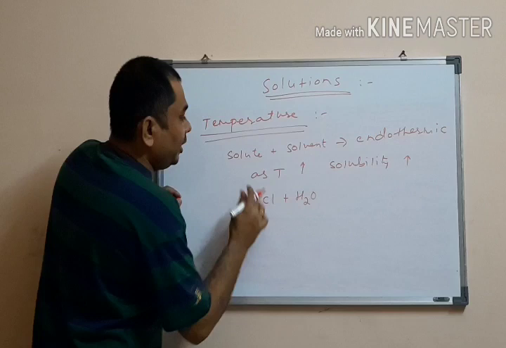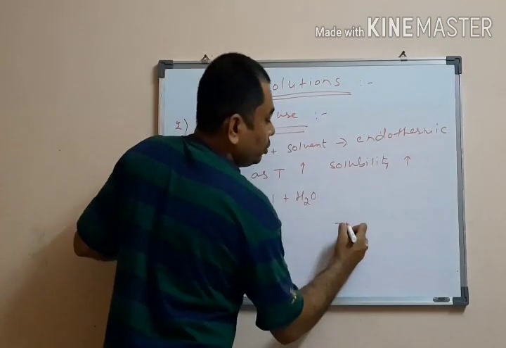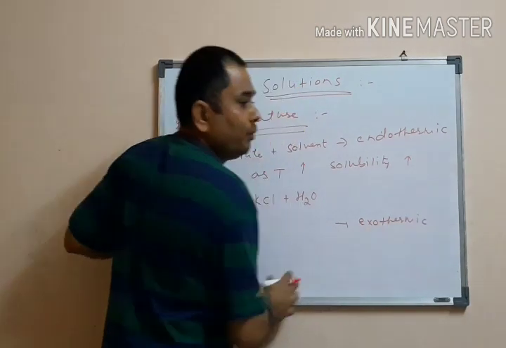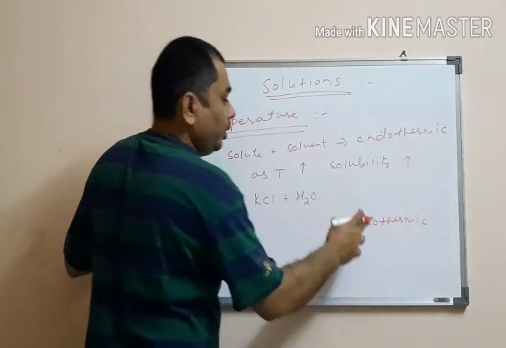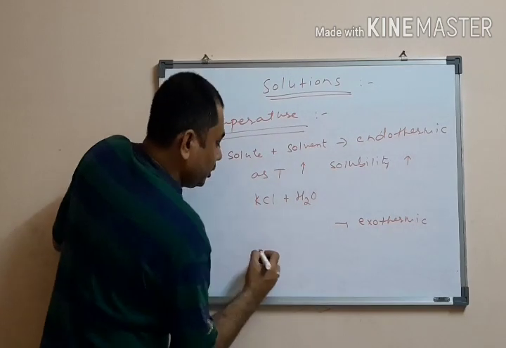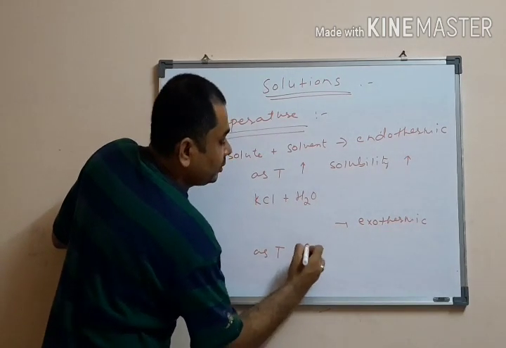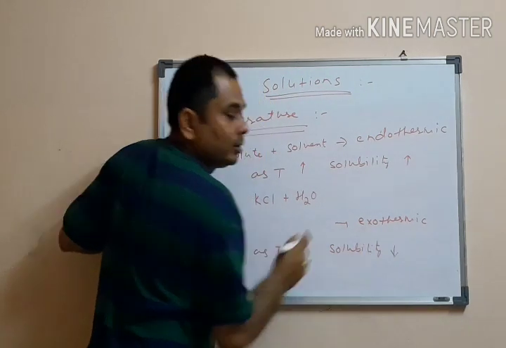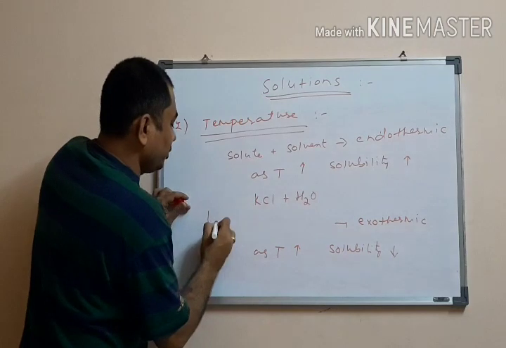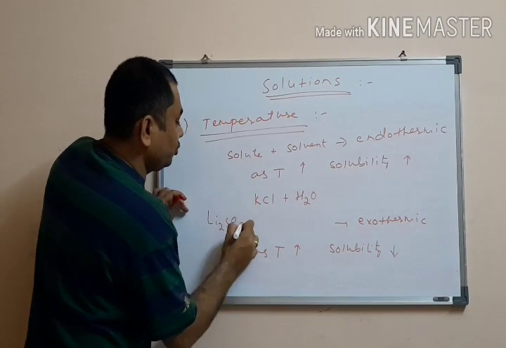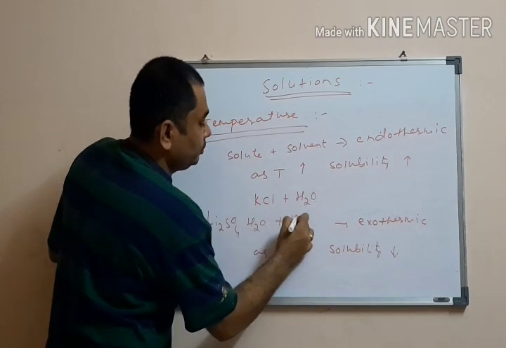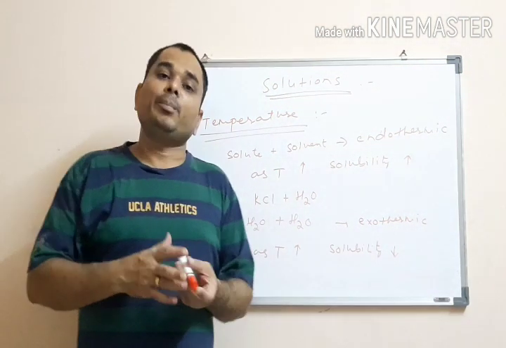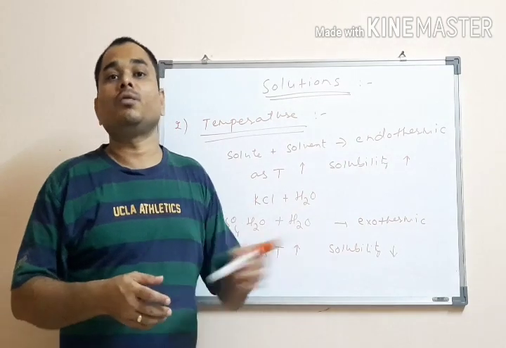Similarly, if the addition of solute and solvent is exothermic, exothermic is the process in which heat is evolved or given out. So if the process is exothermic, then as temperature increases, solubility decreases. Example of this is addition of Li2SO4·H2O in water.